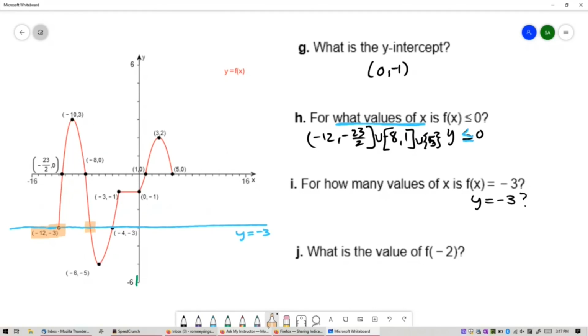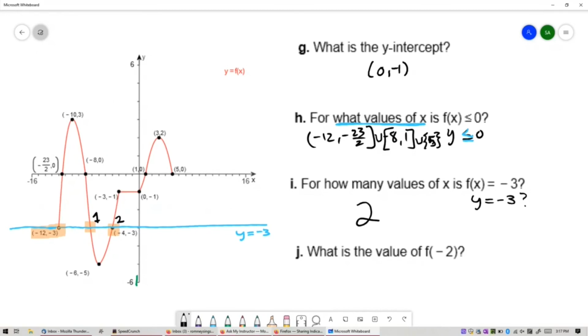Here we have a point that crosses the line y equals negative 3, but it's not labeled. And even though it's not labeled, it is part of the graph because it's on the line. So we are going to include that as one of our intersection points. And then we have this point here, which is labeled as negative 4, negative 3. So that's our second intersection point. So we have two values of x where y is equal to negative 3 on this graph.